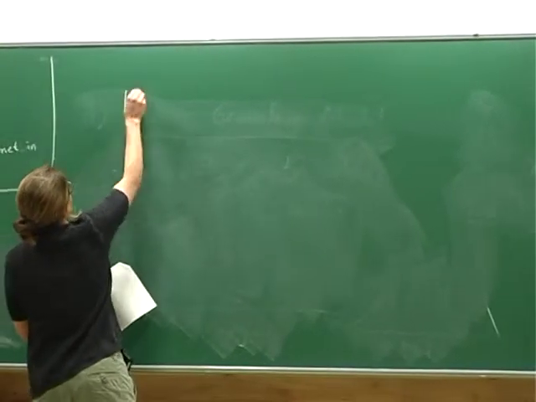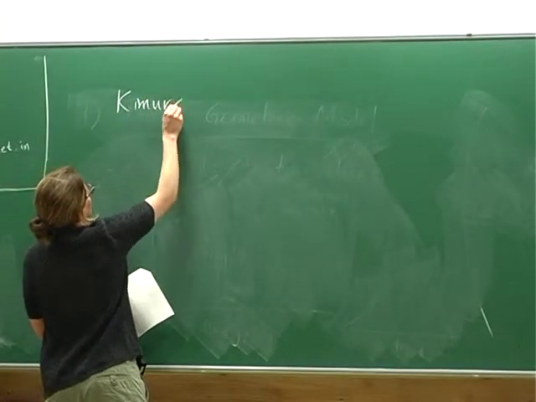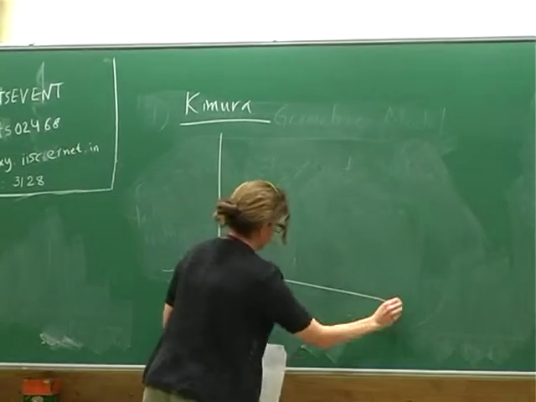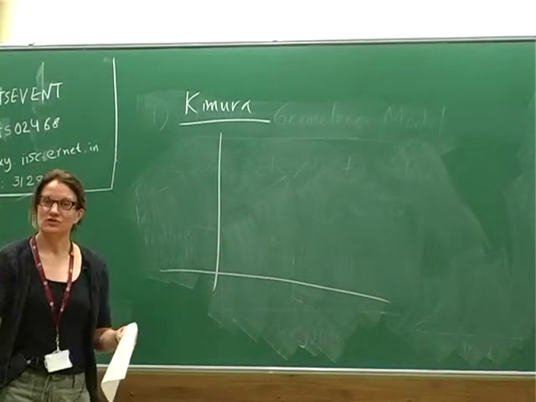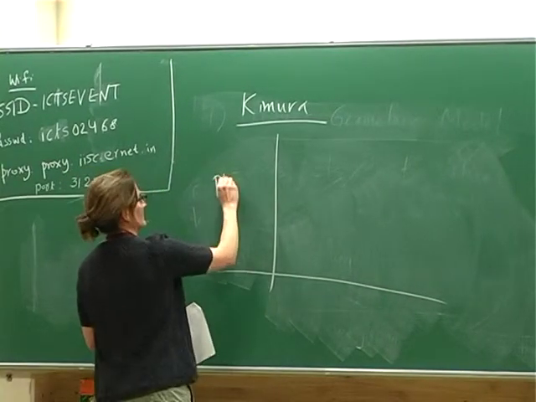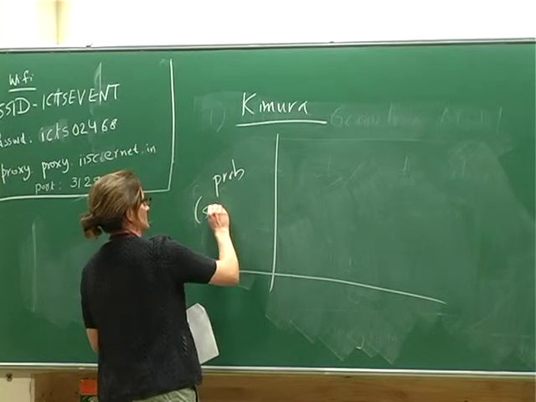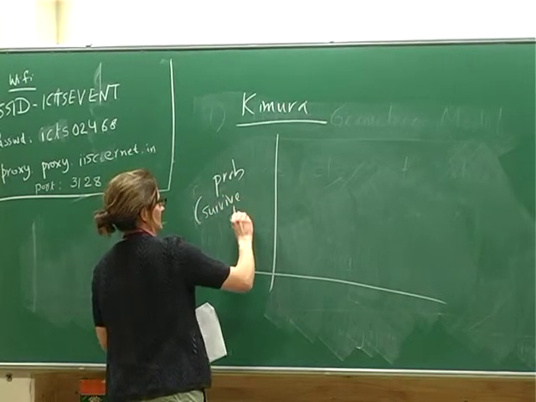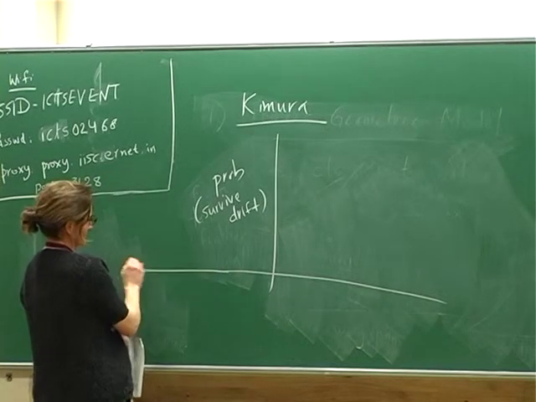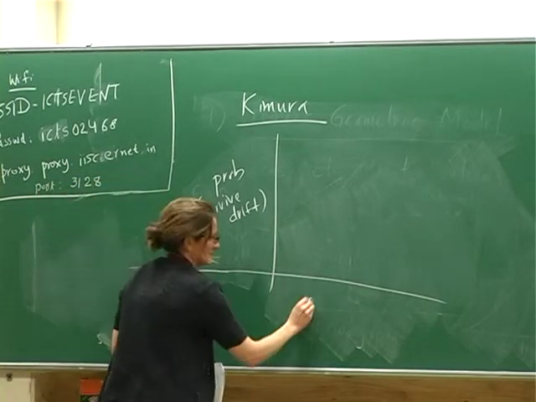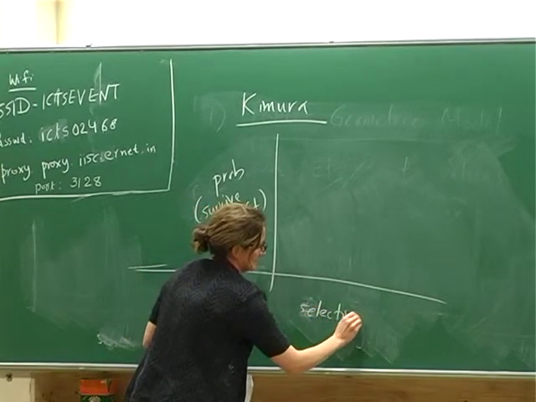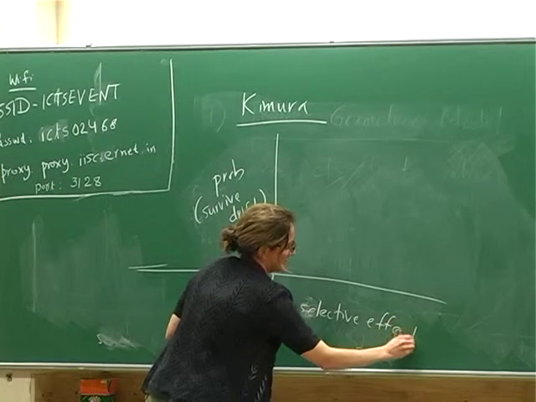So Kimura said, you might have some distribution of available mutations, as we saw previously, but the probability that they survive drift is very tiny, where this is fitness, or let's call it selective effect, the effect of the mutation on fitness.